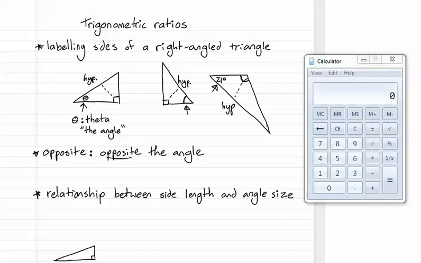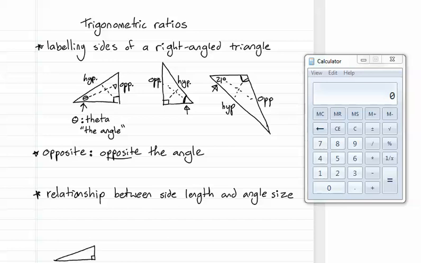Opposite, so not touching the angle, is the opposite side. So we go from the angle in the second triangle to the side opposite. From the angle in the third triangle to the only side that's not touching it, the opposite.